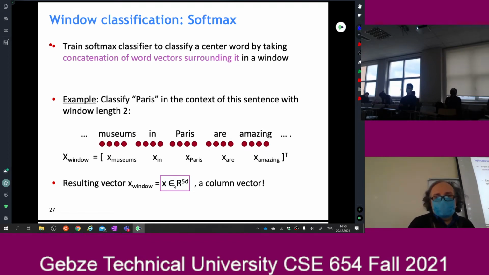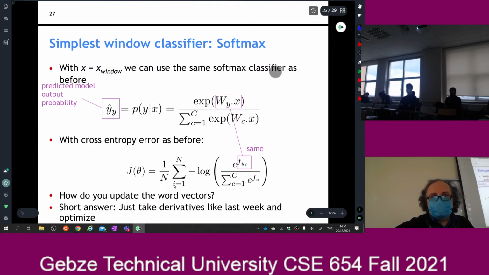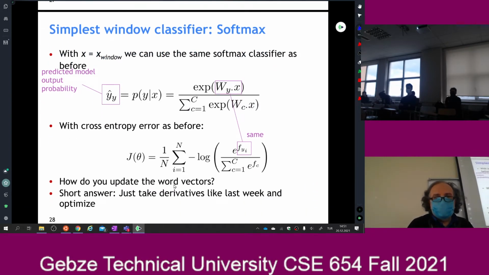And that will be the input to my whole network. And when the whole network runs, at the end of it, I will run a softmax function, and softmax function will give me the probability of each class for this center word. Okay, that's what the plan is.